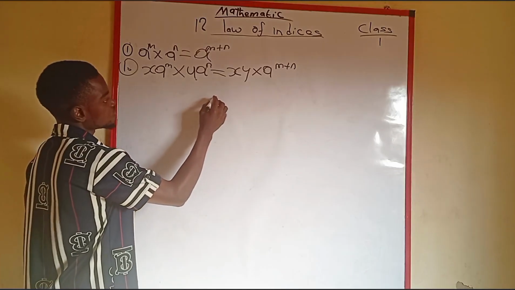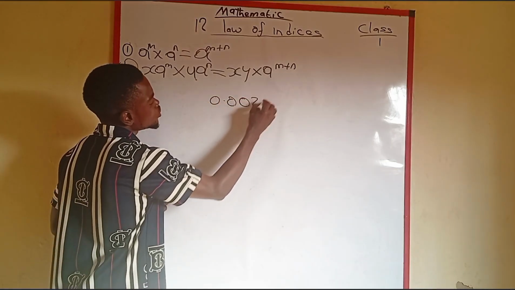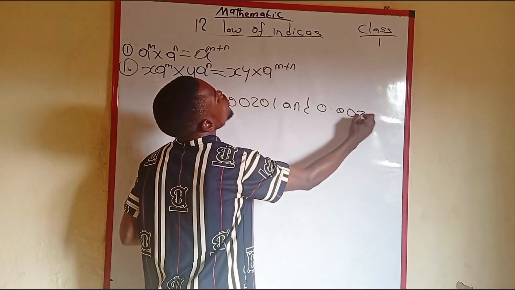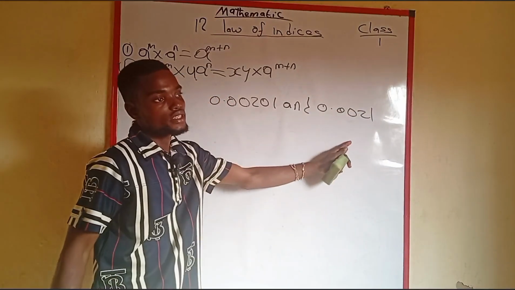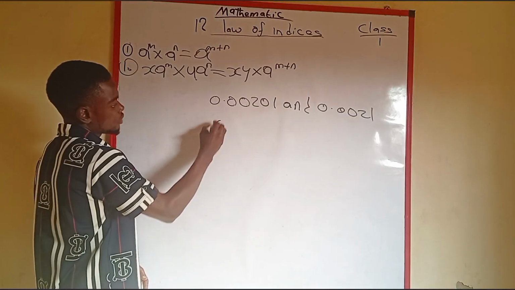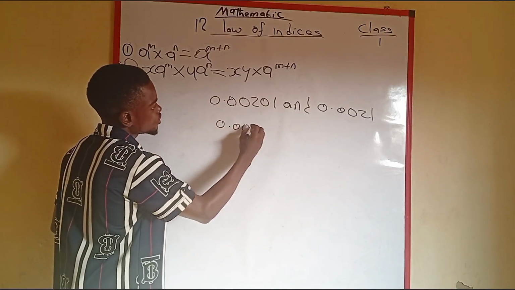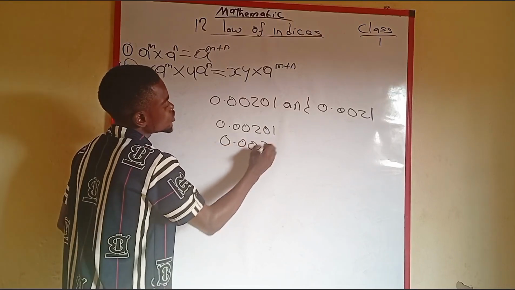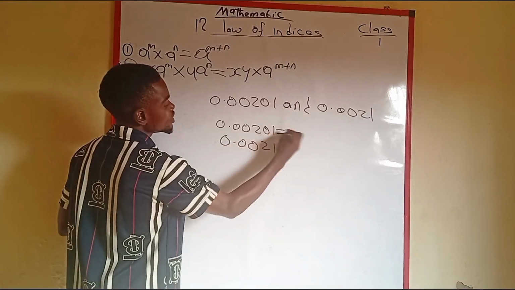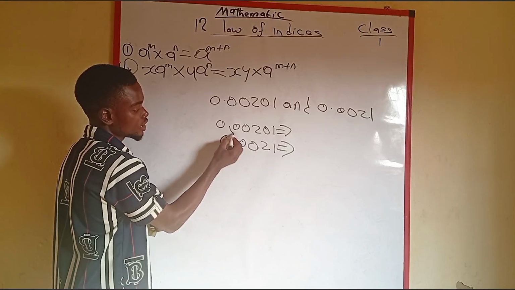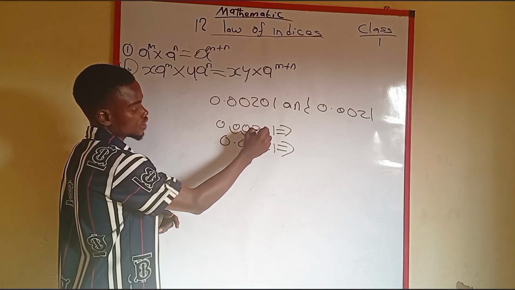Find the product of 0.00201 and 0.0021. Find the product of this, leaving your answer in standard form. Now, I'm going to convert 0.00201 to standard form, and I also convert 0.0021. Converting this to standard form, from here, -1, -2, -3.